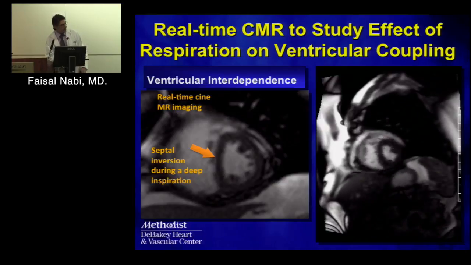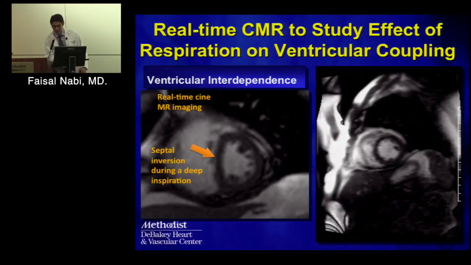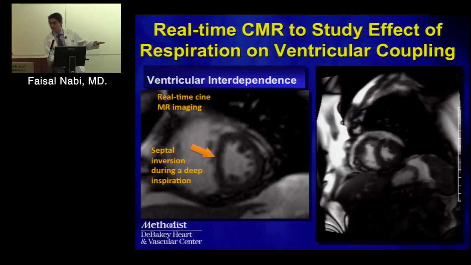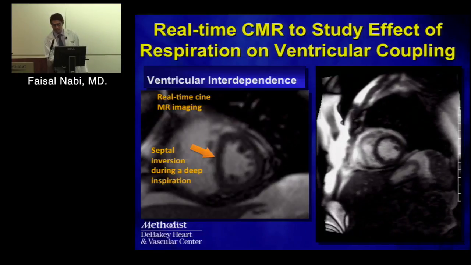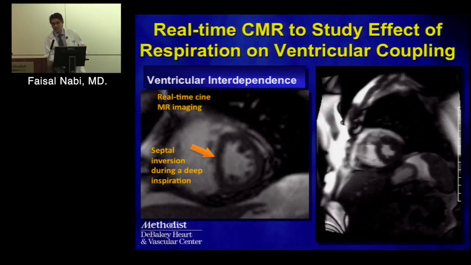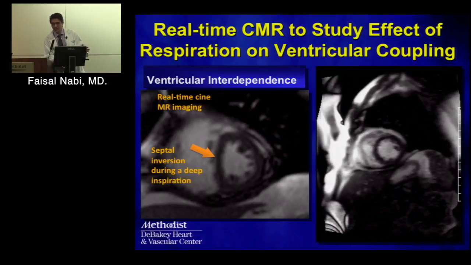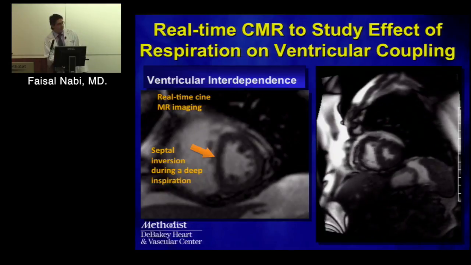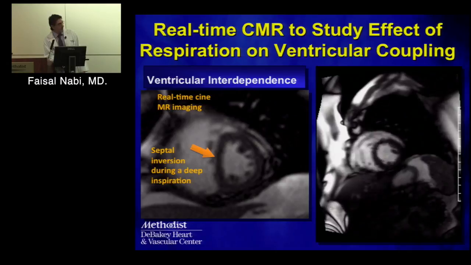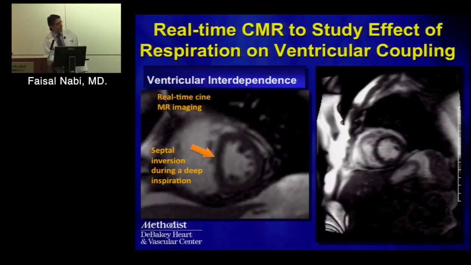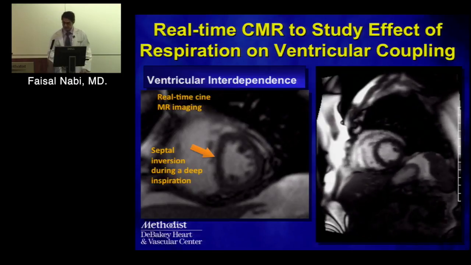What you'll notice is that as the diaphragm drops, it means the patient has taken in a deep breath, they have inspired, increased filling occurs on the right side, the pericardial sac does not allow expansion of the right ventricle further, and therefore to continue with RV filling, the septum is pushed towards the left, and that's what you're seeing over here. And then this is just a picture of that frozen in inspiration showing you the flattening of the interventricular septum.